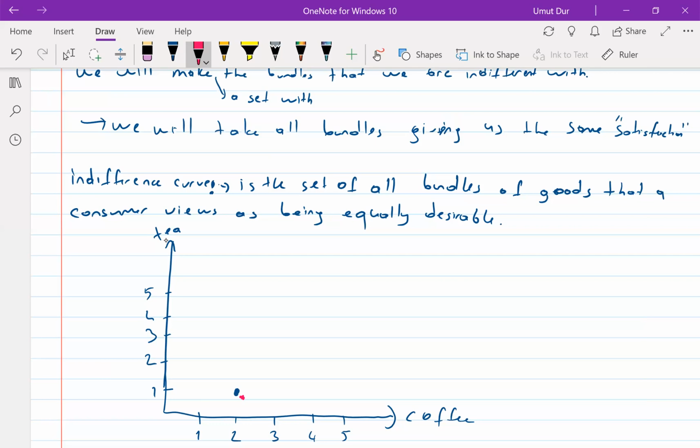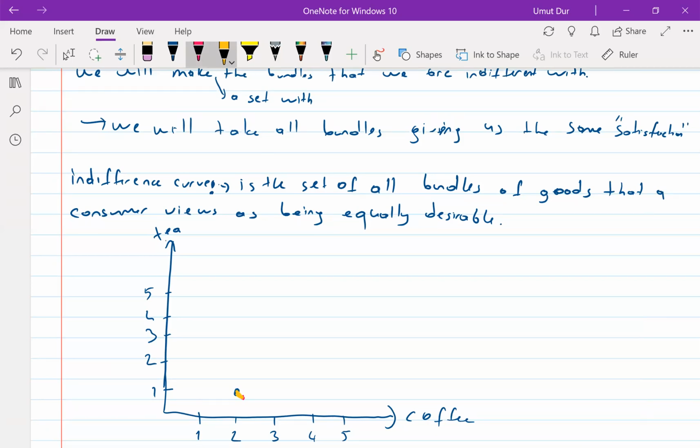And I say that I'm getting the same satisfaction here. So both those bundles are the same, which means that these two are on the same indifference curve.